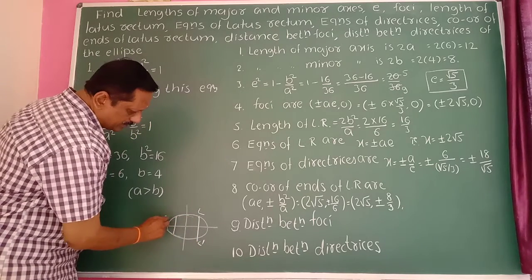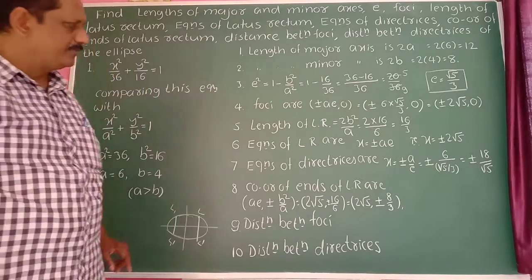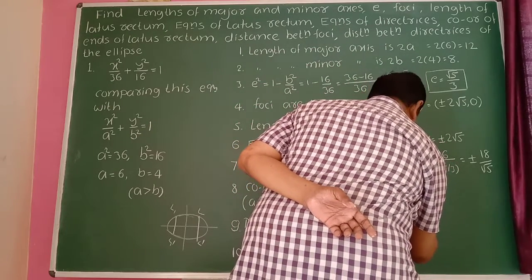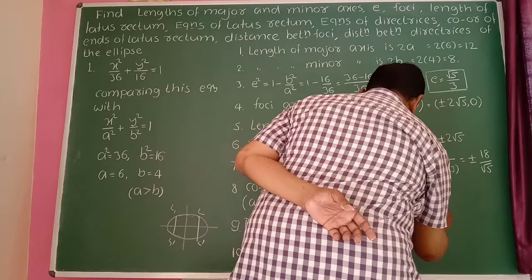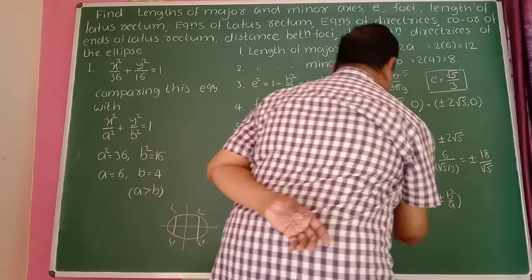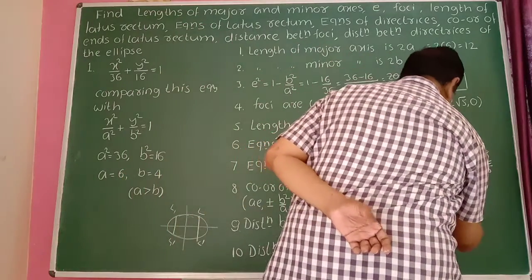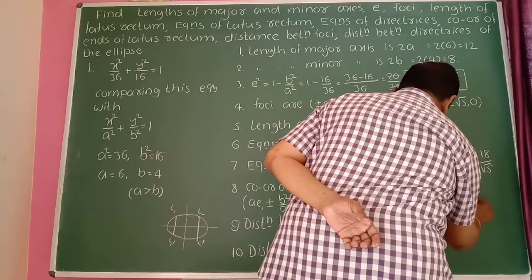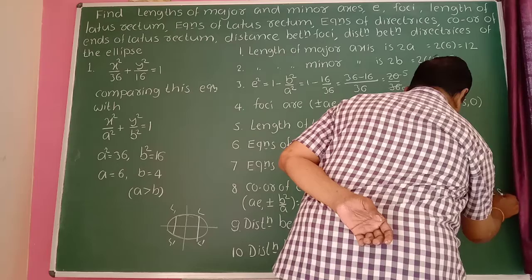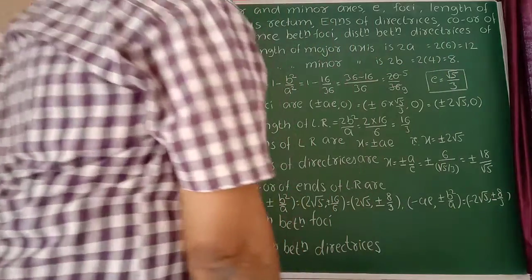Then for the other one, the coordinates are minus ae comma plus or minus b square by a: minus 2 root 5 comma plus or minus 8 divided by 3.